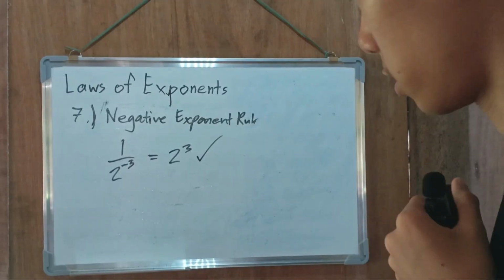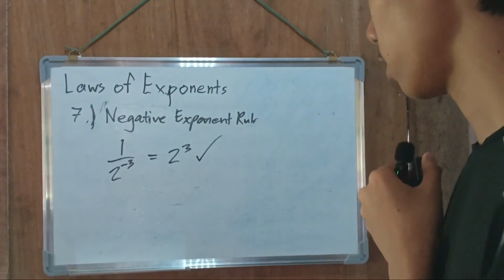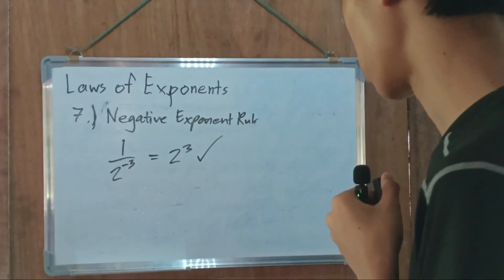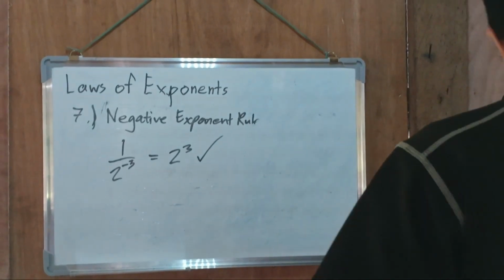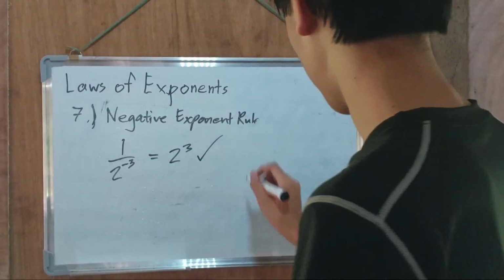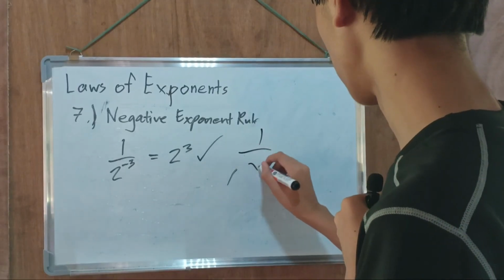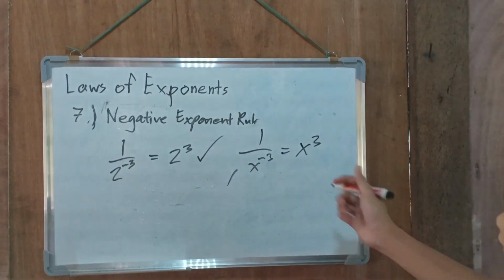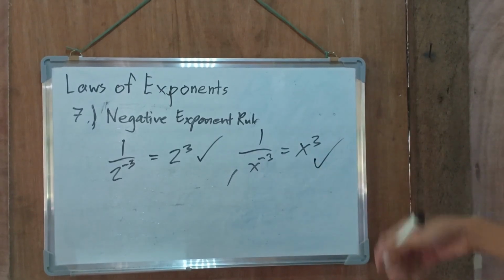Actually, I forgot, this only applies if it is a negative exponent in the denominator. This includes something like 1 over x raised to negative 3. Actually, you could do whatever you want here.